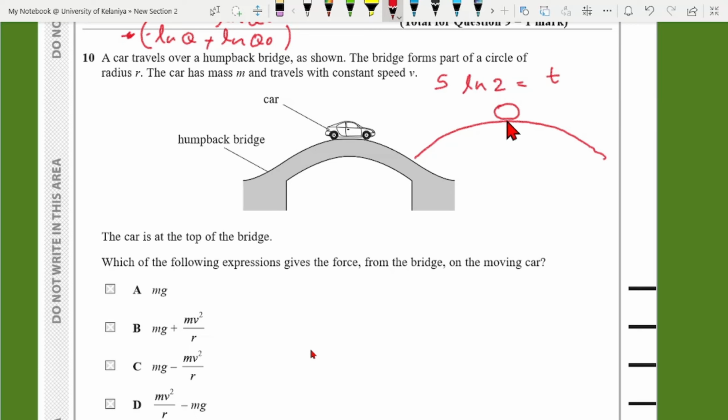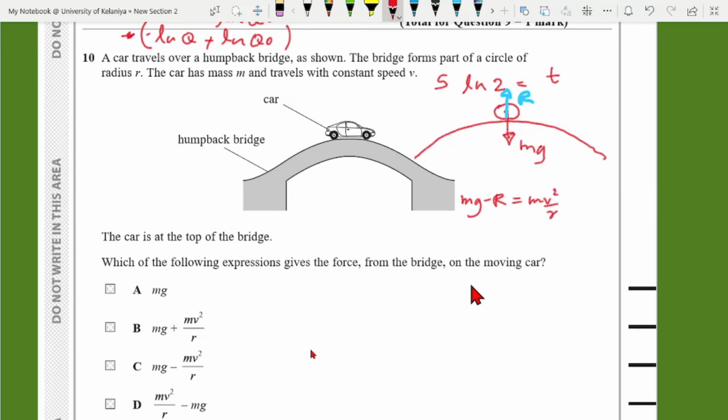So what are the forces acting on the car, right? Probably you know. One is weight, and there will be a normal reaction from the bridge towards the car. So this is R, and this is mg. So if you write an equation for centripetal force, it will be mg minus R equals mv squared over r.